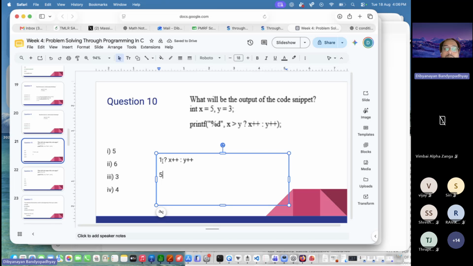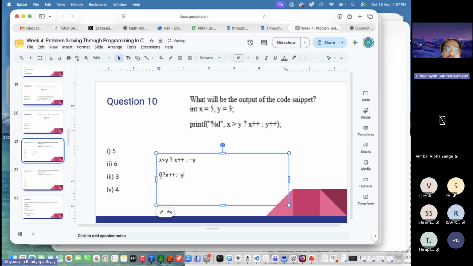Now suppose instead it is like this: x less than y, x plus plus or minus minus y.